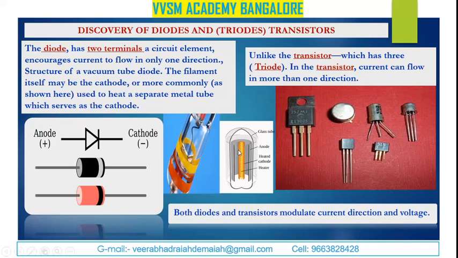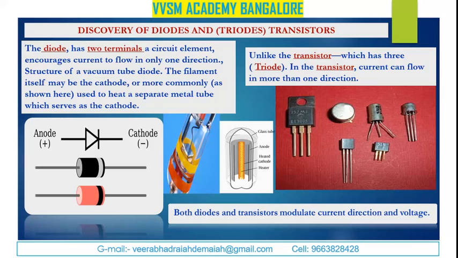Well, both diodes and transistors modulate current direction and voltage. Modulate means varies, changes. The direction of electric current is very important. In both cases, diodes and transistors modulate current direction and voltage.